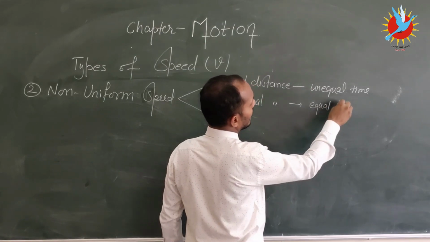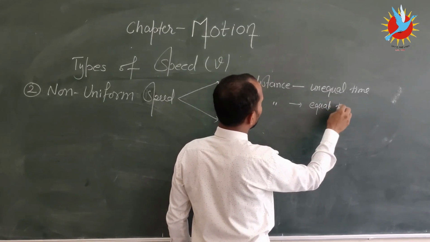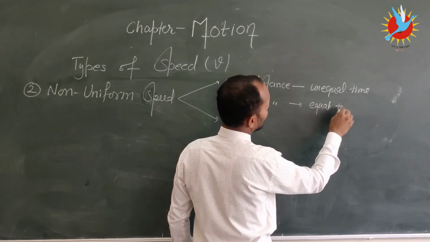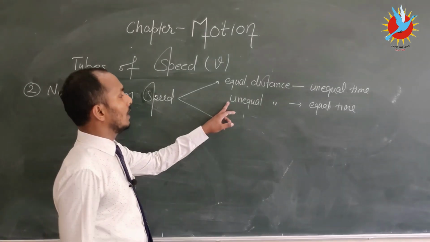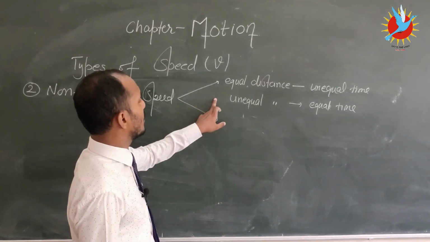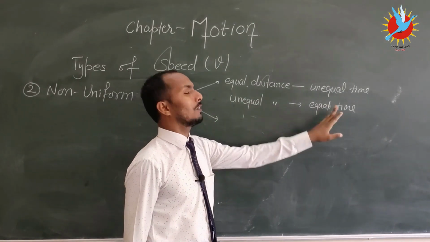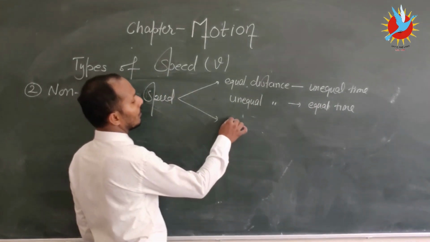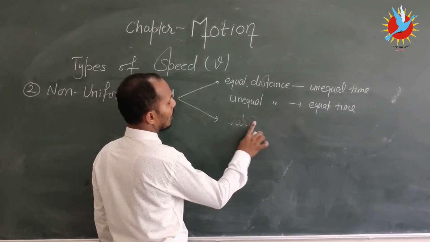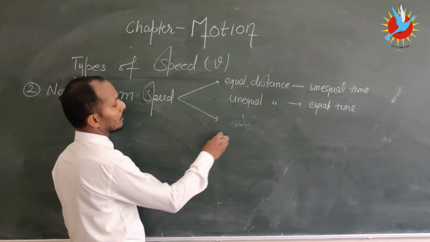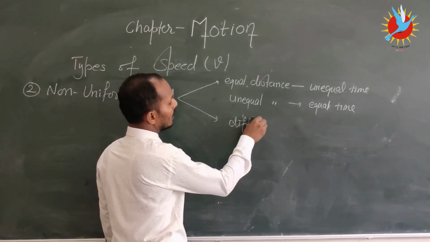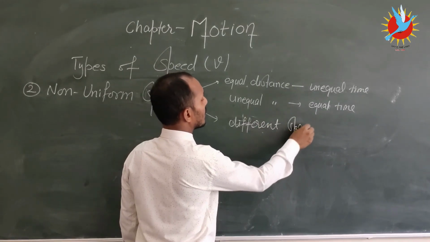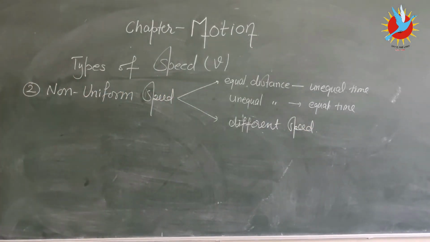Vice versa means the reverse. A body is said to be in non-uniform motion if it covers unequal distance in equal intervals of time, or has variable speed. A body is said to have non-uniform speed when it moves with different speeds.